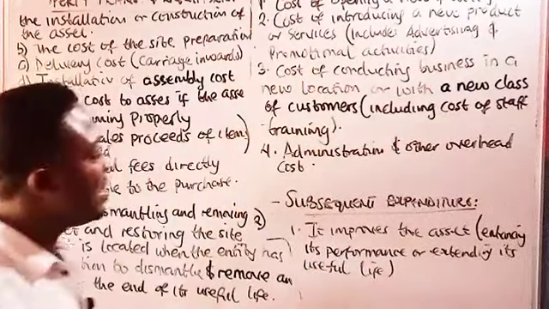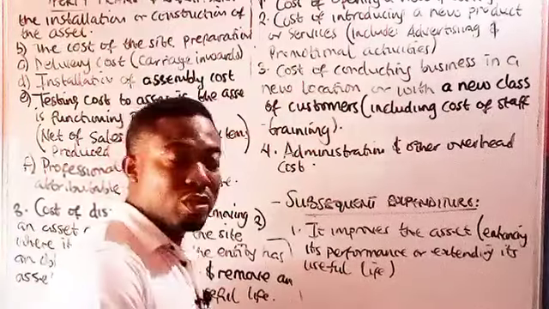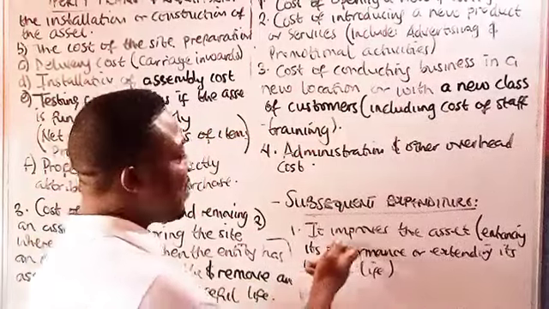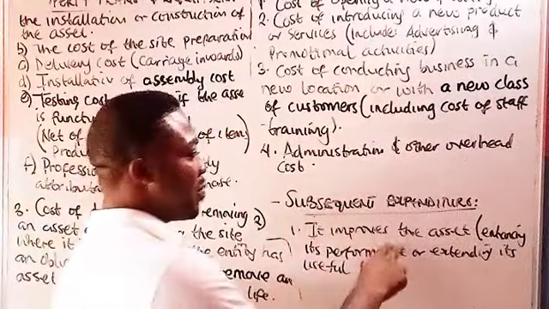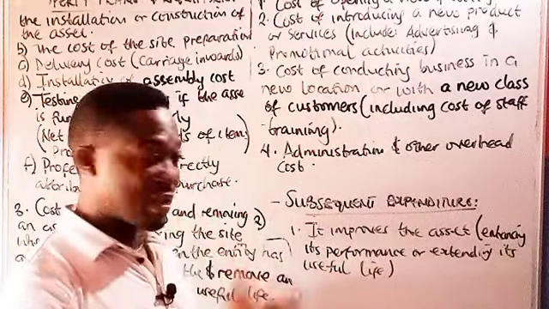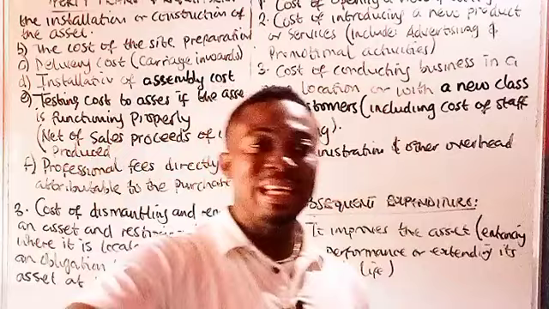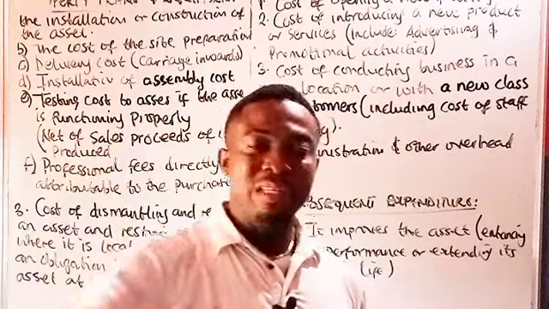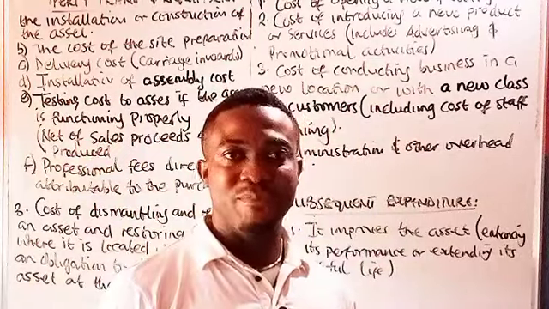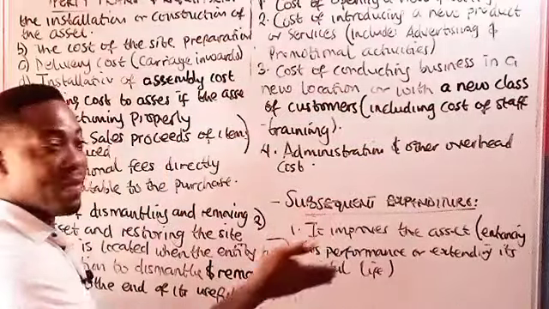Okay, now this expenditure should be what? Capitalized. That is, if that cost improves the asset that we have previously recognized, enhancing the performance or extending the useful life so that it becomes useful, that cost should be capitalized. That is the subsequent expenditure.